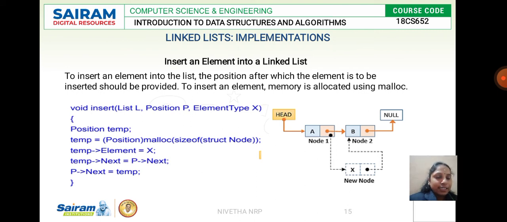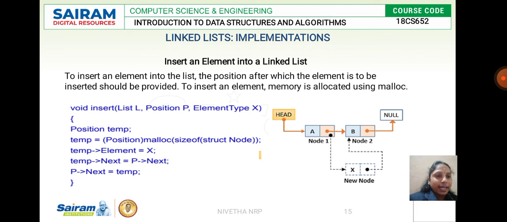Next we'll be allocating memory for that. We'll be creating a structure. We know how to initialize a structure and how to implement a list. First you have to create a structure, initialize a node, and allocate memory for that node, and then you start performing the operation.